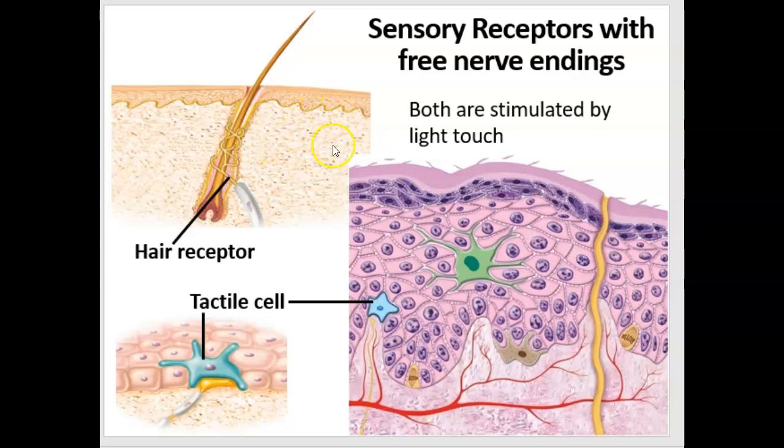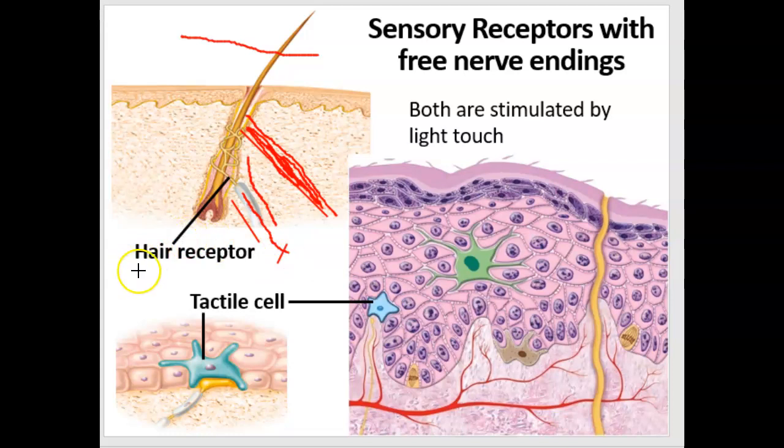Like we had the Erector Pili muscle that was attached to this hair follicle and could cause the hair to stand straight up. That was the muscle. We also have a nerve ending or neuron ending attached to many of our hairs, so that if external stimuli like a breeze presses or pushes on that hair, this neuron is excited and it sends a signal.